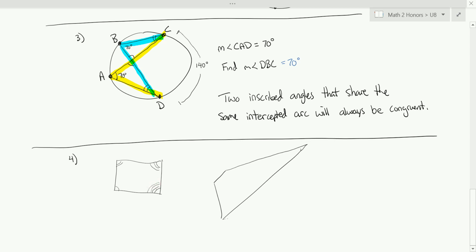What else is true about all quadrilaterals? They all have 4 sides, yes. Can we say that 2 angles have to add up to 180? Which 2 angles have to add to 180? Same set.